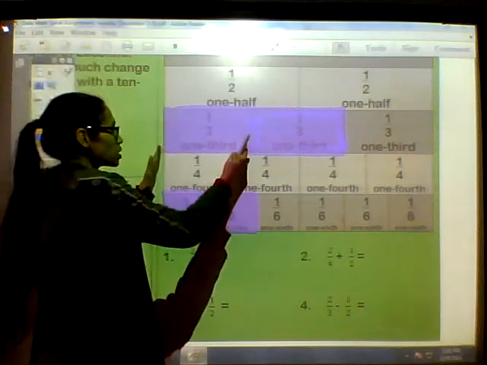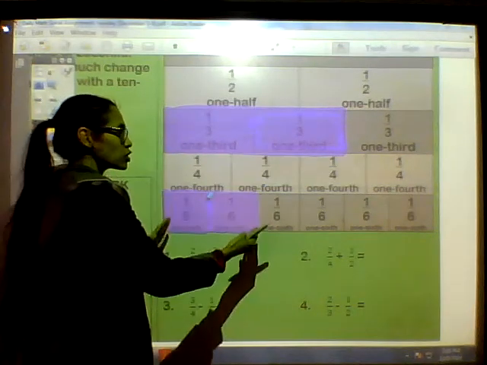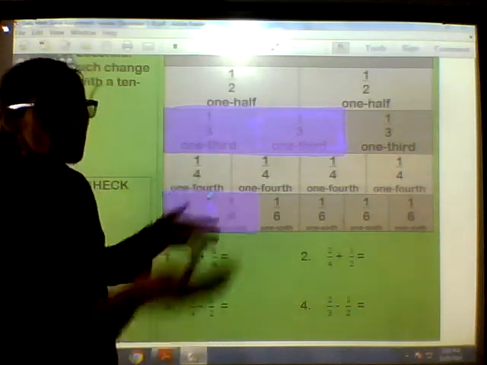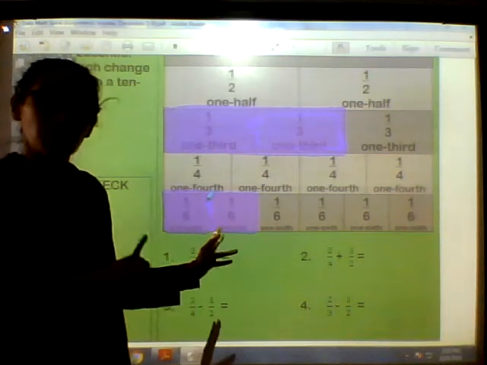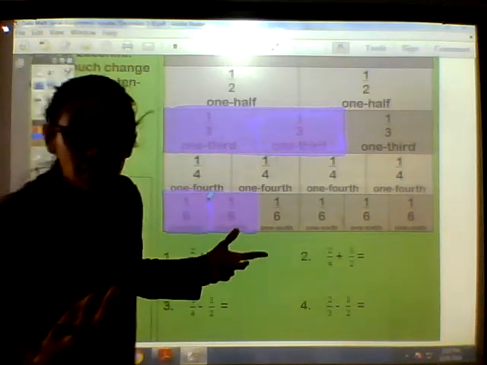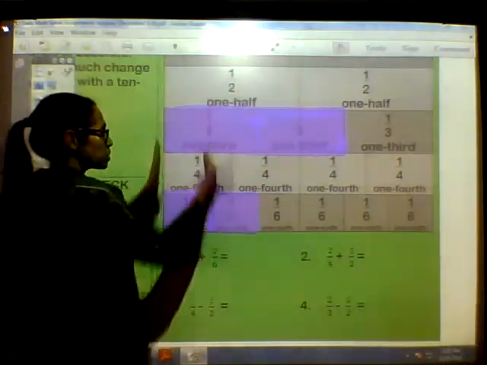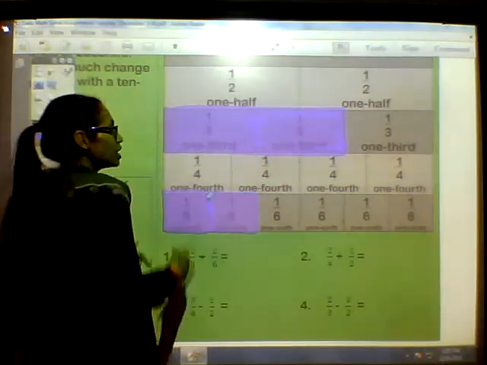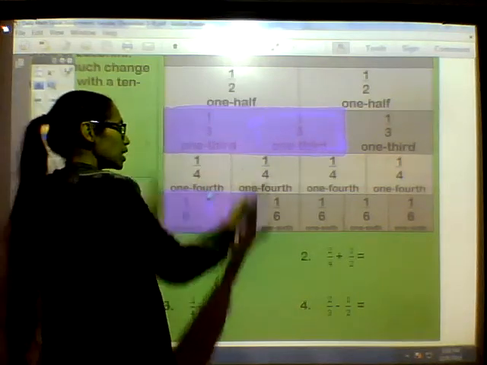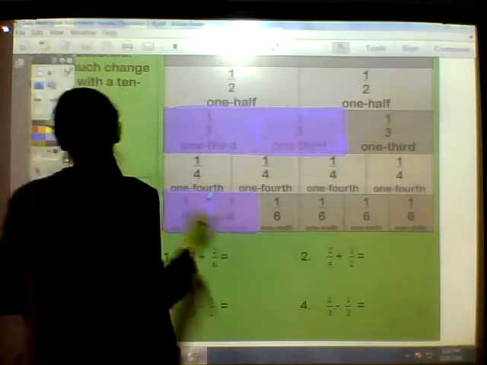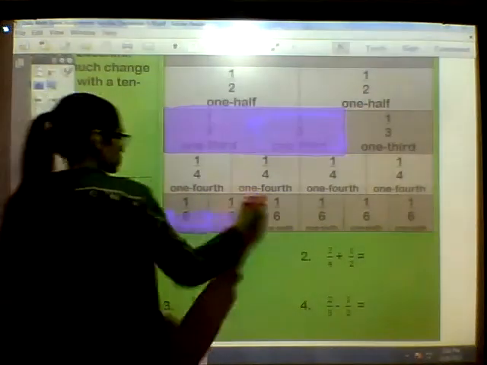Can we change 1/3 into sixths, or can we change sixths into thirds? Sixths, that's a hard word to say. All right. Now look, 1/6 can't be a third because it's smaller than that, but we can change thirds into sixths. Do you see? Let me erase this.